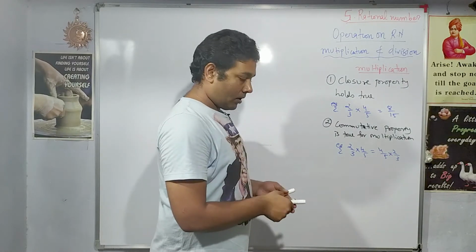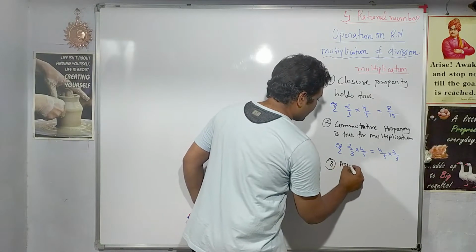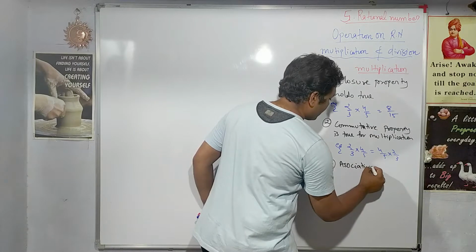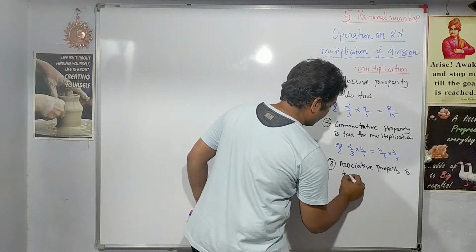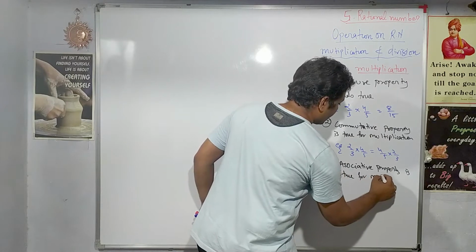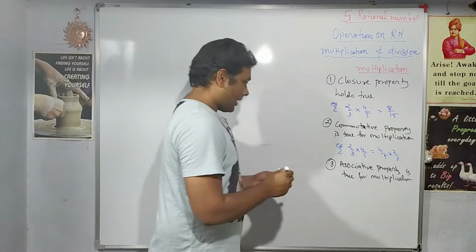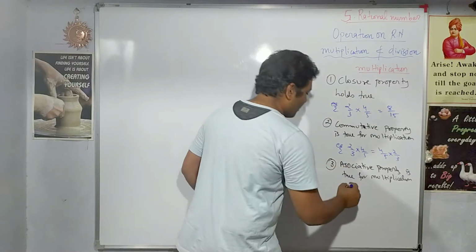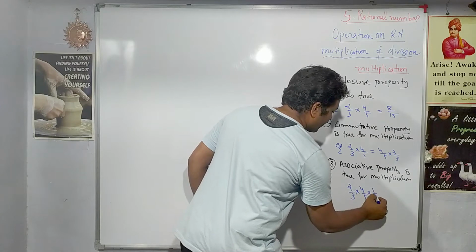Then the third property, the associative property. Again you can say that the associative property is true for multiplication. Again I will show you in an example. What is the associative property? That is 2 by 3 into 4 by 5 into, let us say, 1 by 2.